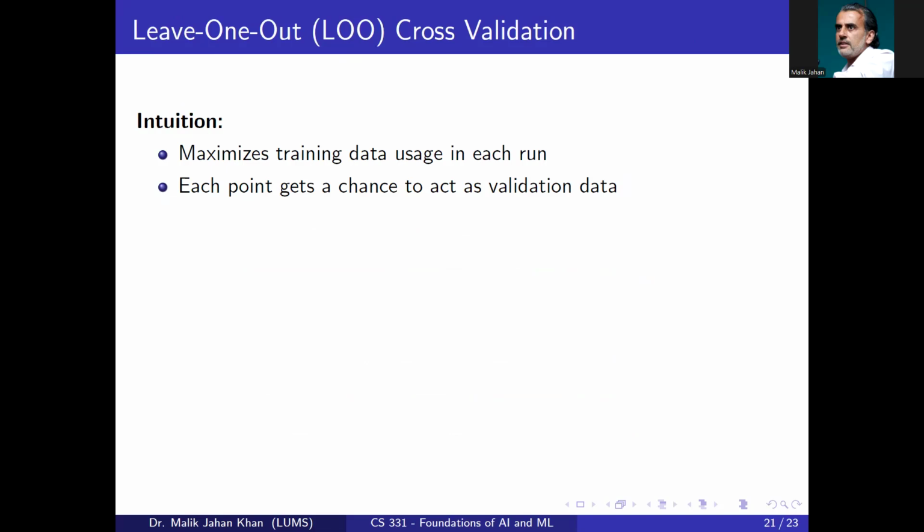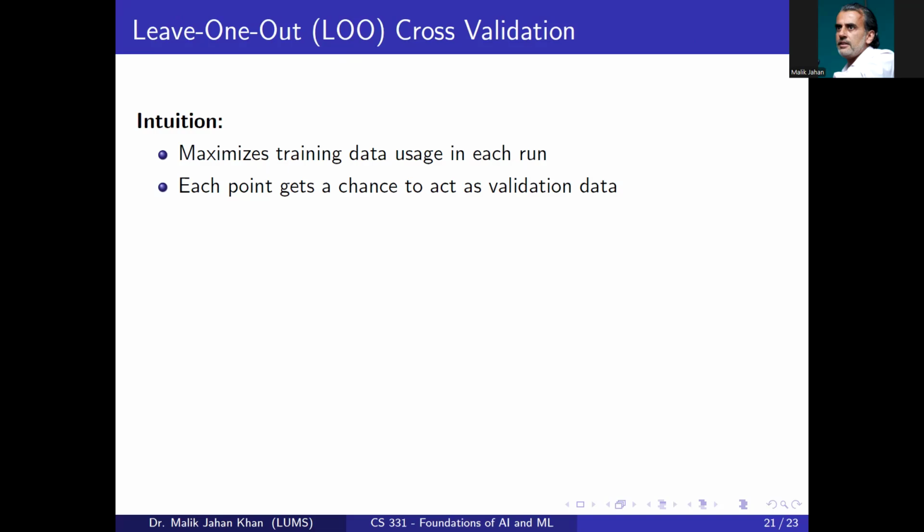When will it be more useful? For example, if we are already running short of data for a particular problem, if we don't have a sufficient amount of training data, then cutting it into train and dev sets is going to be a somewhat of a compromise, and we will be further shrinking our training data. So in those kinds of situations, leave one out is going to be an attractive choice because it does not reduce the amount of your available data much.